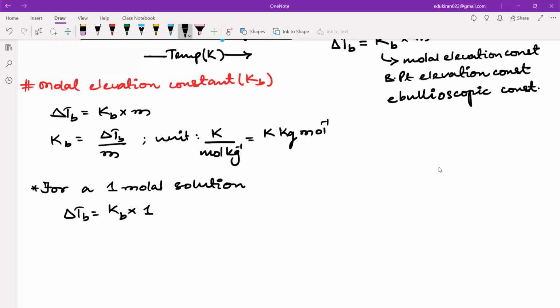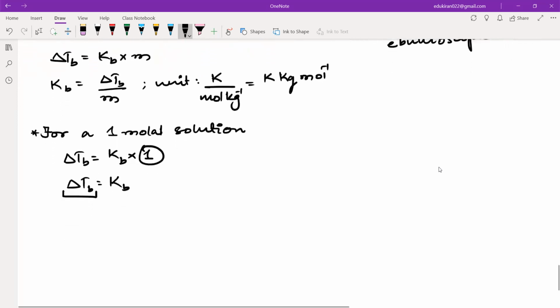And now I can say that delta Tb is equal to Kb. That means Kb is the elevation in boiling point when the concentration of solution is 1 molar, right? Kb is the delta Tb.